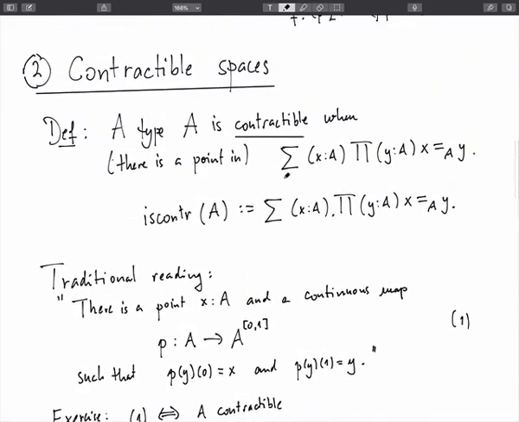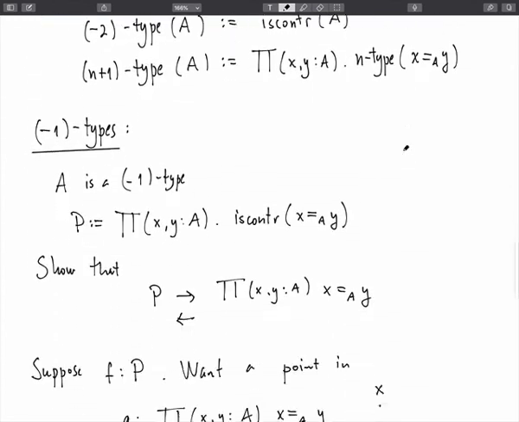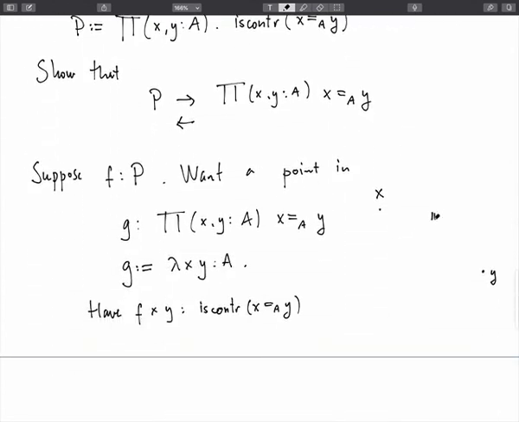Its first component is a point in A, and its second component is a function. So pi1 of fxy is a point in A. What is pi2 of fxy? It's a map which takes any z in A and gives you a path from pi1 fxy to z.